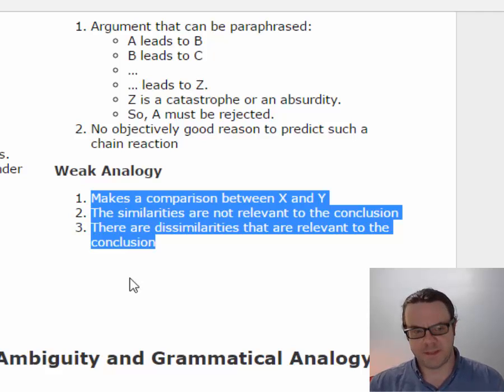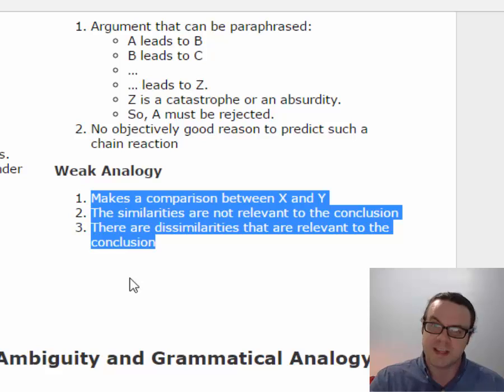Usually analogies are kind of abstract, but let's take a case that's not. If I say that Al's car is kind of a lot like Bob's car. I mean, they're both blue, and they both have leather seats, and so they're pretty similar cars. Al's car gets about 40 miles to the gallon, so I'm betting Bob's car probably gets about 40 miles to the gallon as well.